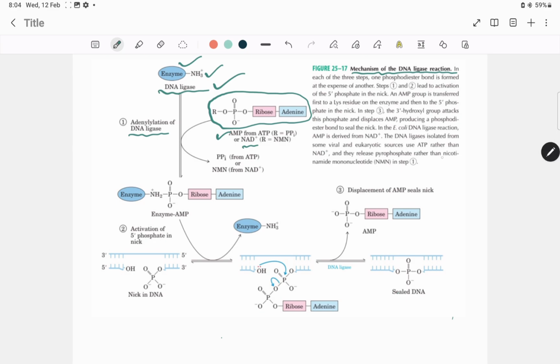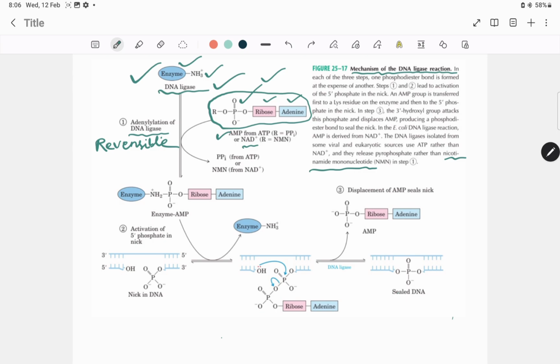NMN stands for nicotinamide mononucleotide. This AMP has a ribose and an adenine. This AMP also has a phosphate group. During the first step of the reaction, this AMP from the ATP or NAD+ generally reacts with the DNA ligase enzyme.